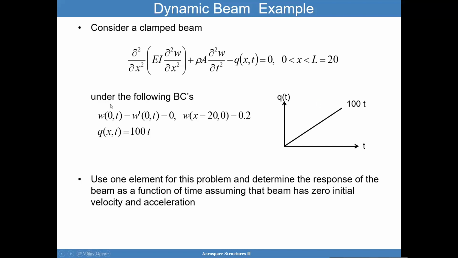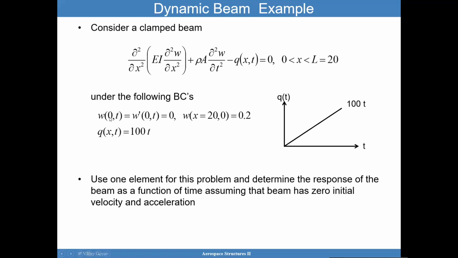Another thing we want to point out is that at time equals zero, the deflection at the very end of that beam is set as 0.2. So we're applying a small amount of deflection at the very end of that beam at the very beginning, time equals 0.